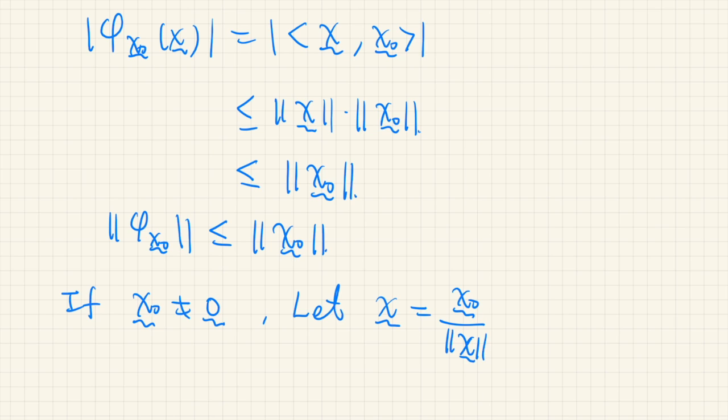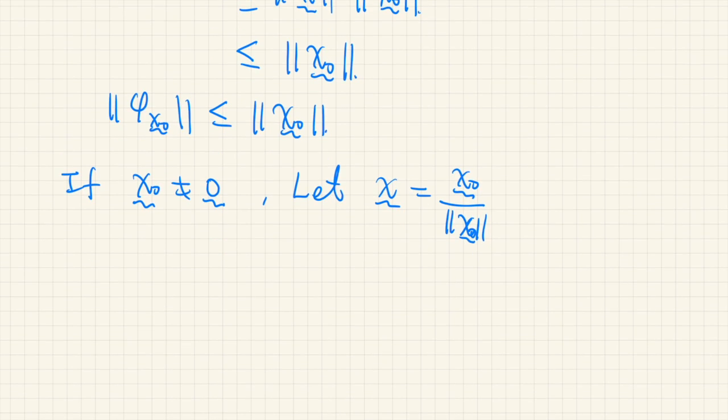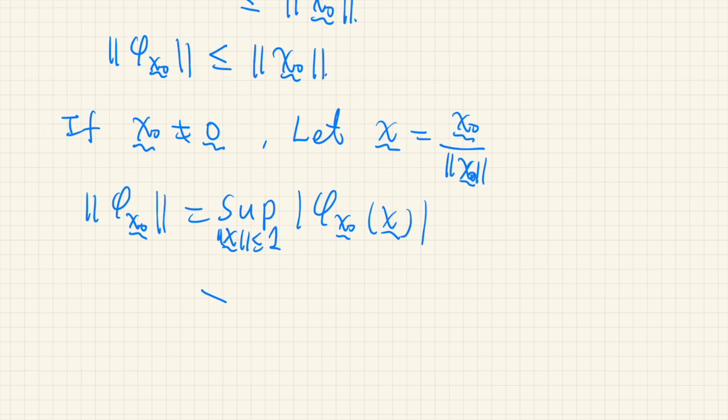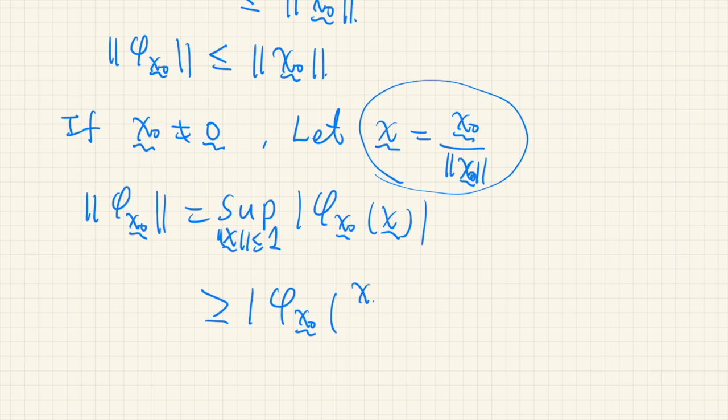So we normalize x, and then the norm of phi x0, since it's a supremum, is greater than or equal to the value of phi x0 of this x.